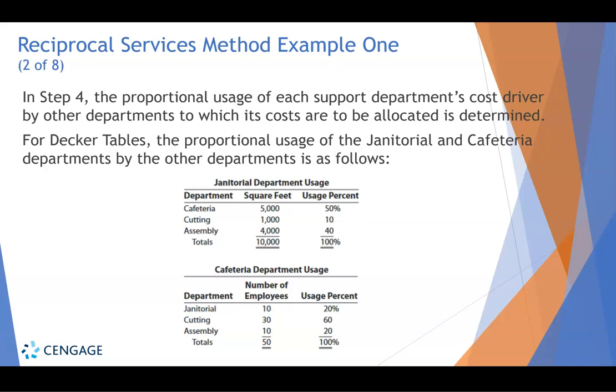The proportional usages of janitorial services are the same as those indicated with the sequential method. But the proportional usages of cafeteria services are different because the costs of cafeteria services rendered to the janitorial department are also allocated under the reciprocal method.